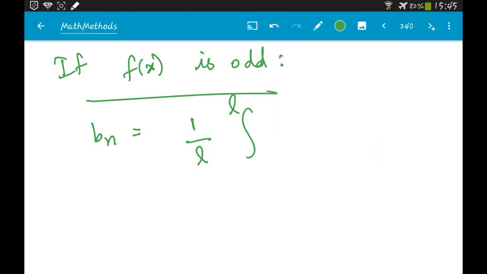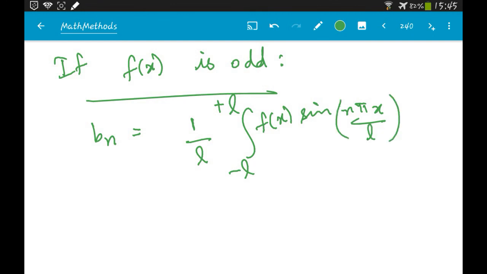The actual formula is integral from minus L to plus L of f of x sine nπx by L dx.